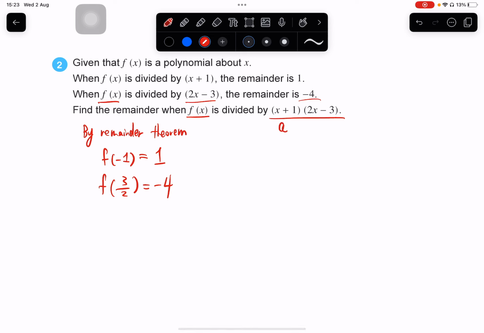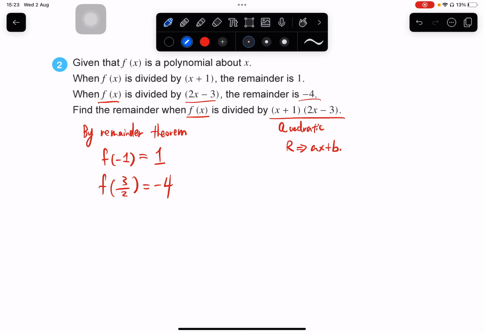We know that is going to be a quadratic, which means that essentially when any function is divided by that quadratic, the remainder is in the form of ax adding b. Because for quadratics, the lowest power it can match up to in the division is the x squared term, which is the highest term in the quadratic, right? So the remainder is going to be in the form of ax adding b.